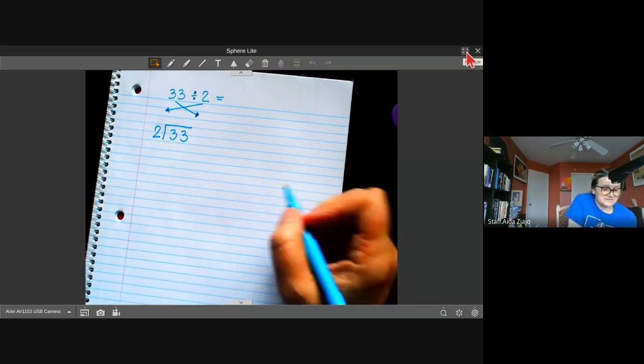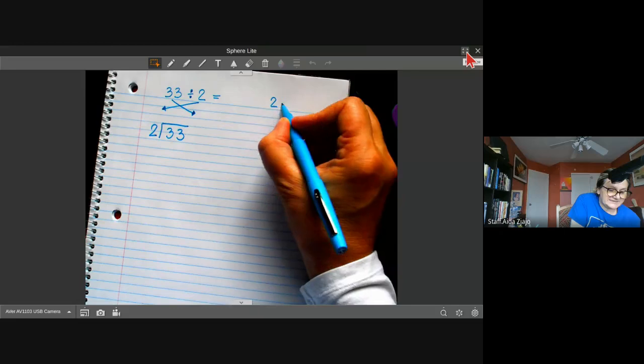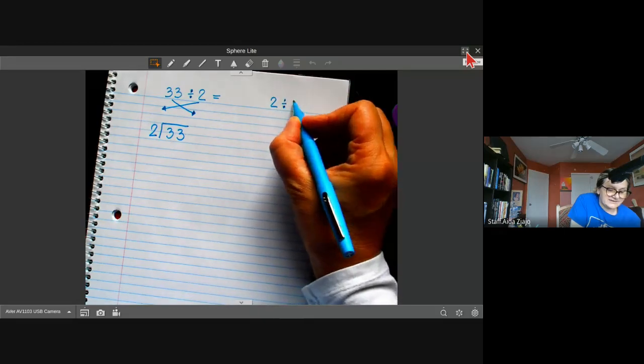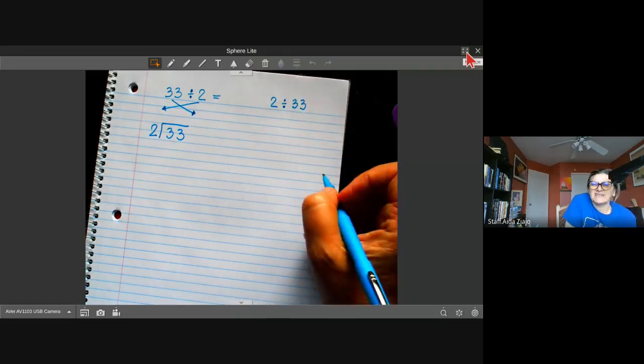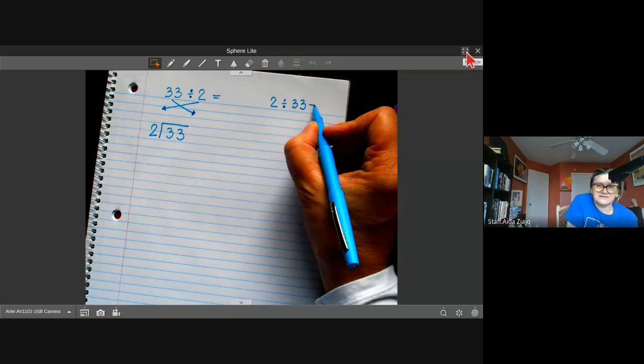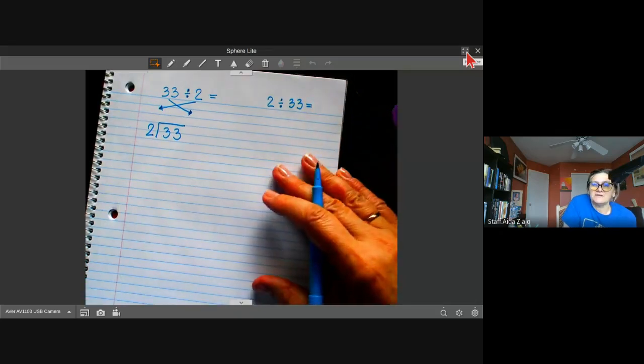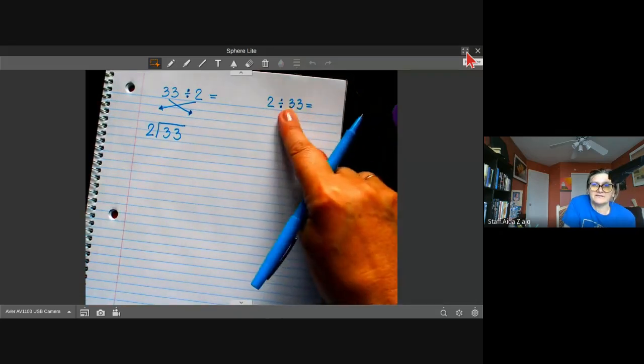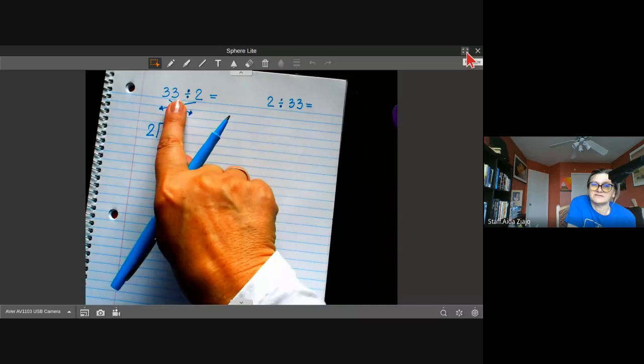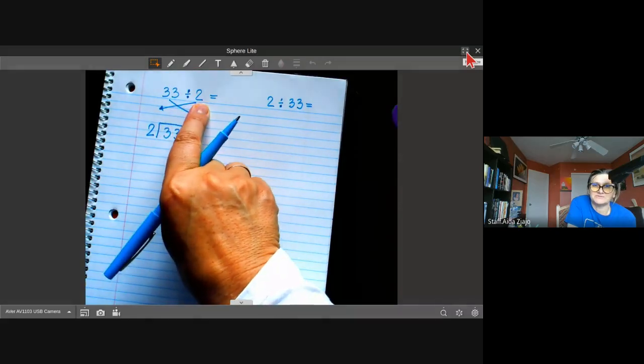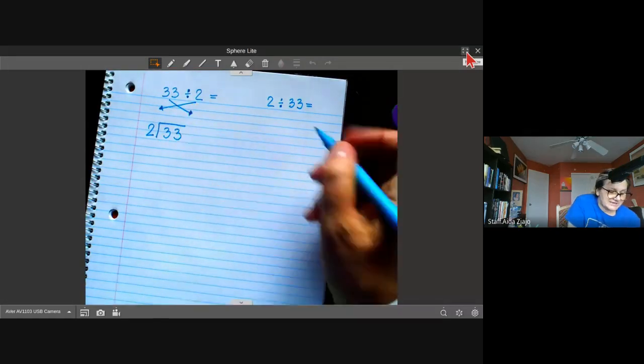I can also do this: 2 divided into 33 groups. So it's like I have $2 divided among 33 people. That would be a very different answer to 33 divided into 2 groups. So we're going to try that as well later.